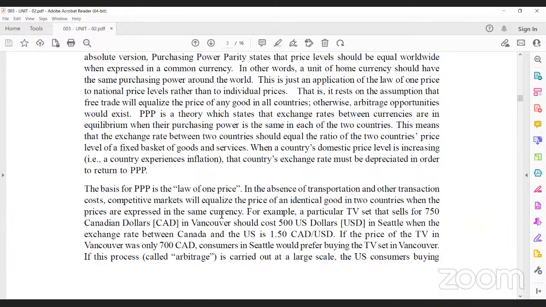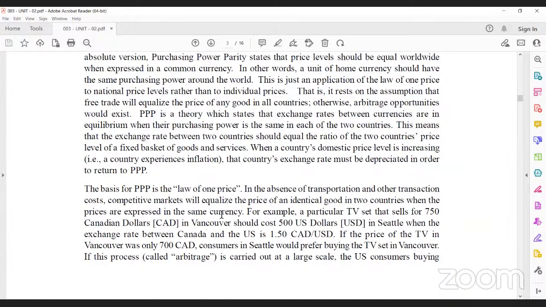Now, when a country's domestic price level is increasing, then that country's exchange rate should depreciate. This is in order to return to purchasing power parity. And the basic law behind PPP is the law of one price.